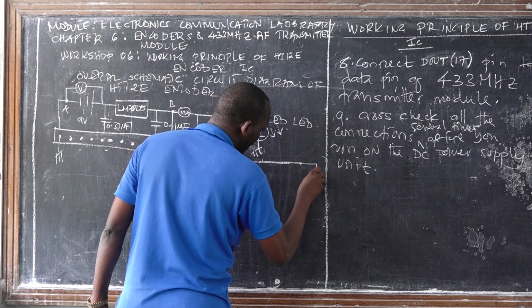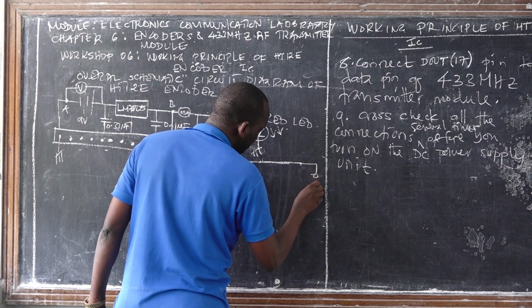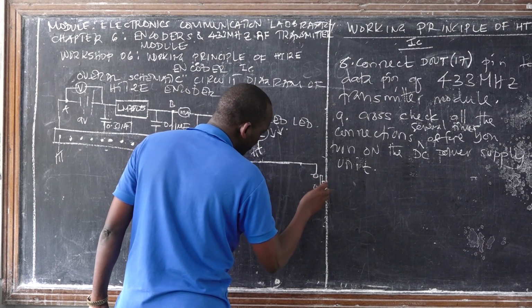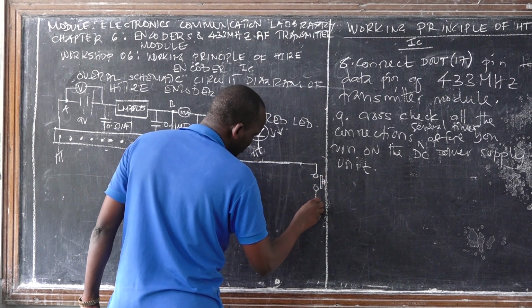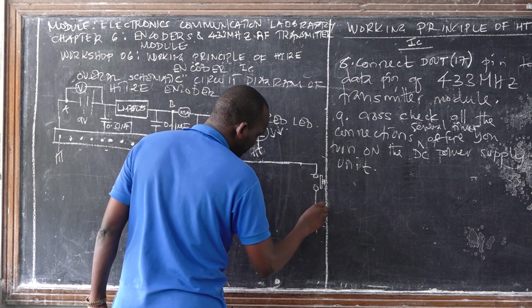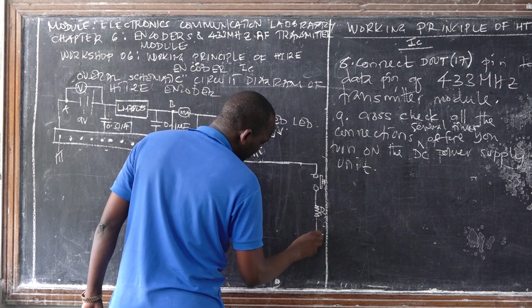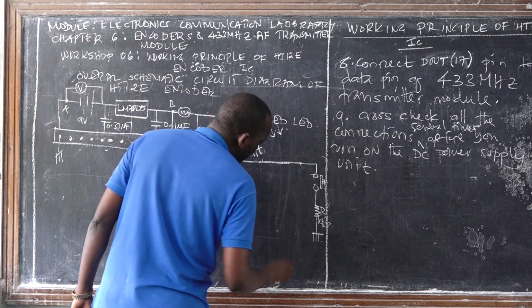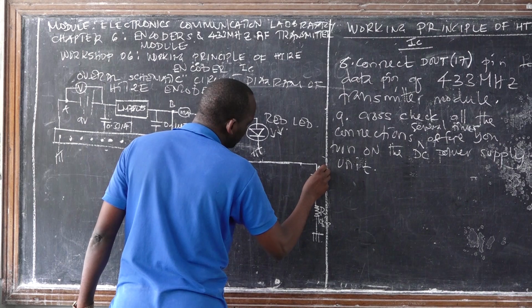So you're going to have a push button. Then you have a resistor, and this is 10K, 10 kilo ohm. So this is push button 1.